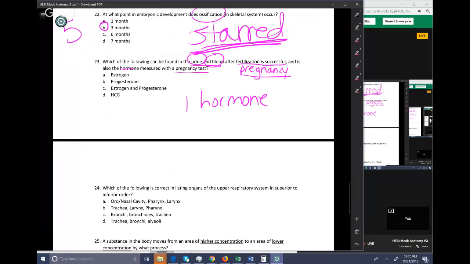And it's that clear cut. That is HCG. That hormone is only present if you are pregnant. So that is why urine and blood tests can identify yes or no: that hormone would only be present if fertilization was successful and therefore pregnancy was occurring.